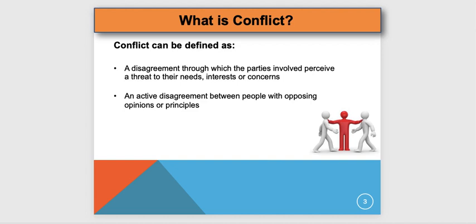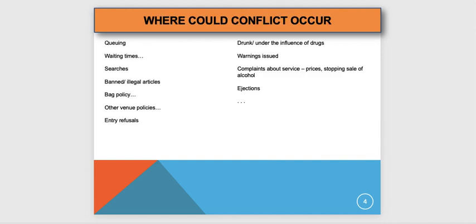So the main areas you're going to find conflict, you're going to be queuing. People don't like queuing. I personally do not like queuing. I'm a very impatient person. Waiting times. How many times have you ever been in a queue or been on a train or been on a bus and there's been a delay and no one's told you why? Starts with obviously the frustration. Being searched. People don't like being searched. Why do they not like being searched?